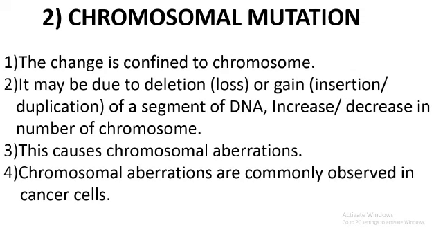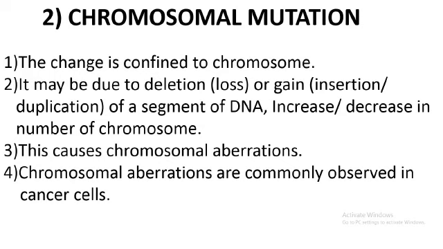I will give you an example for deletion of a segment of DNA. For example, you have a syndrome called Cri-du-chat syndrome. In this, a part of the segment of chromosome number 5 is deleted. So that results in Cri-du-chat syndrome. Likewise, increase or decrease in number of chromosomes.